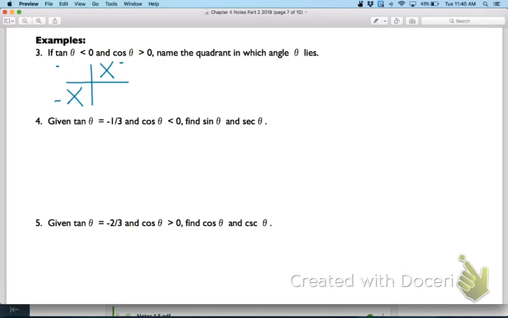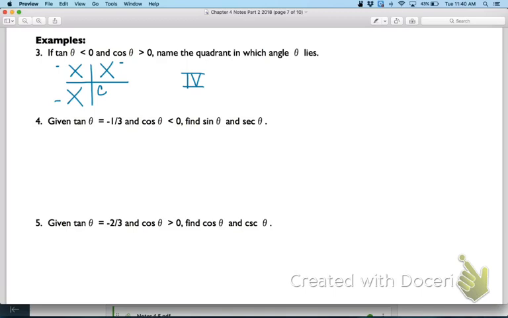Based on the next piece of information, that the cosine of theta is greater than 0, we need the quadrant of those two where cosine is positive. All students, it is not positive in quadrant 2, take calculus. You are going to have a positive cosine in quadrant 4, so the answer is that theta lies in quadrant 4. Okay? So you can do any of those things here.